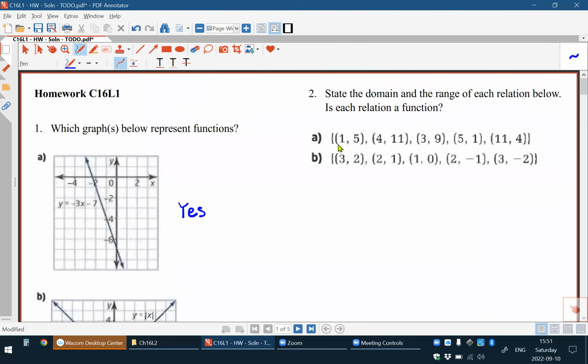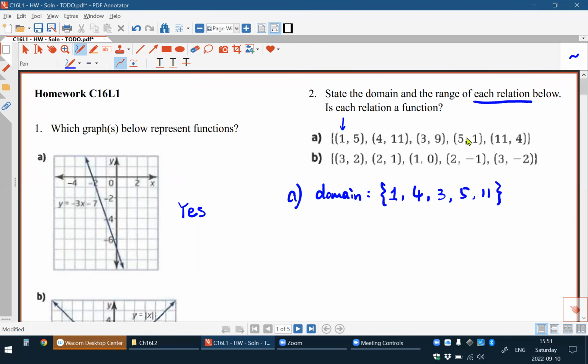All right, for the second question, state the domain and range of each relation below. Each relation, so not necessarily a function. And is each relation a function or not? Okay, so for the first one, suppose this is the independent variable and this is the dependent variable. Then the domain is just the collection of all the independent variables, that's 1, 4, 3, 5, 11.